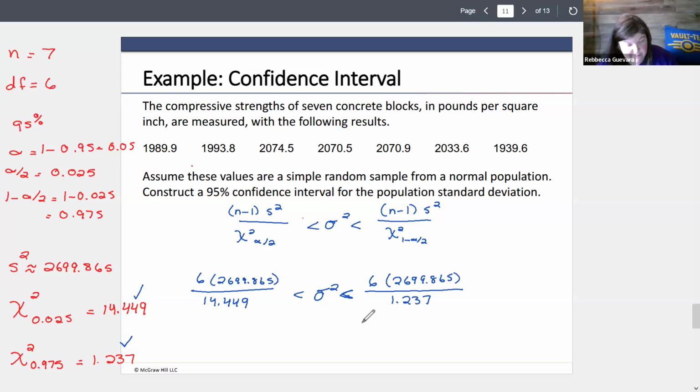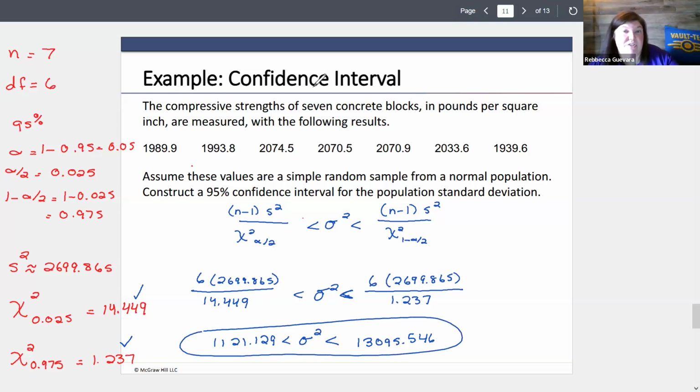On this side we're going to have 1121.129 is less than sigma squared, which is less than 13,095.546. So you might go, that's really big for a standard deviation. Yes, it is, because remember, this is the variance.